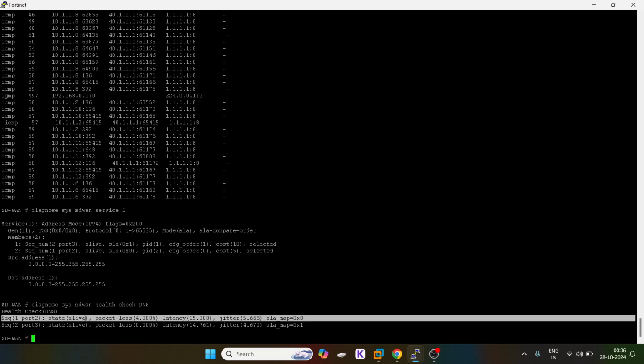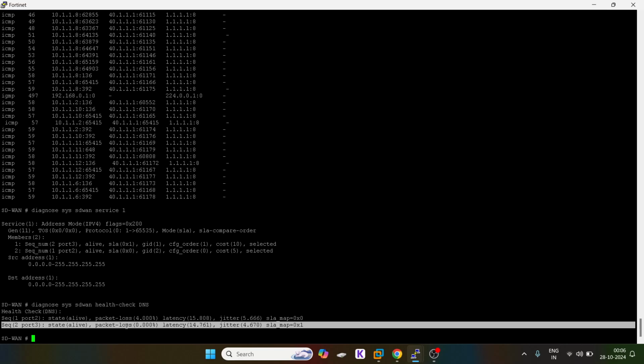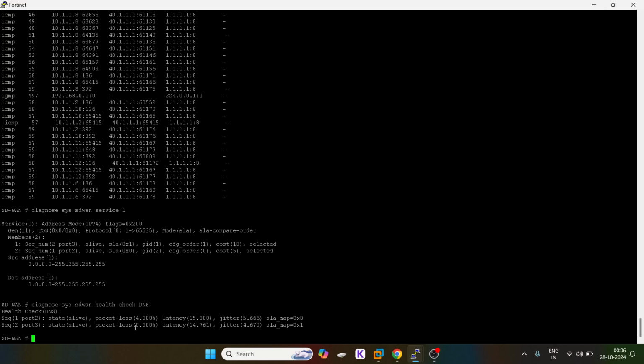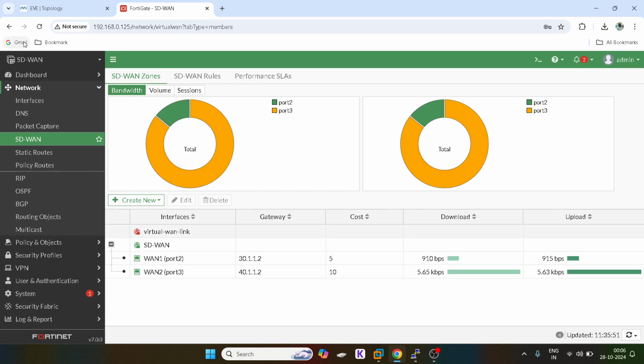So even with a low cost, if it has packet loss, the port 3 link will be preferred, because it has 0% packet loss and latency is also satisfied. So this is the actual concept.